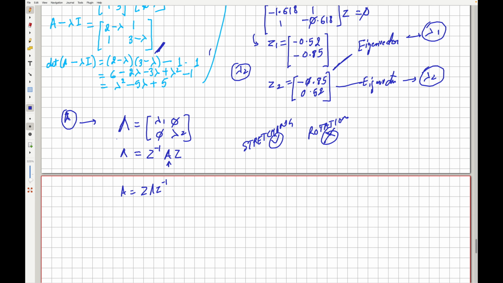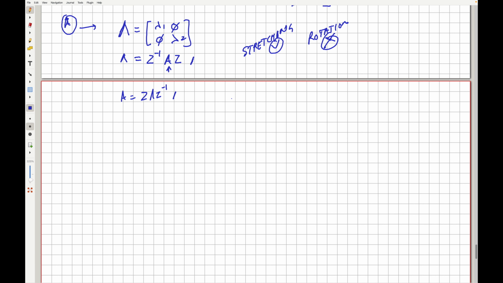And just really quickly, why these two are correct is, let's say we start with A is equal to Z lambda Z inverse. If we multiply both sides by Z inverse, what we get is Z inverse A is equal to lambda Z inverse, because that Z would get cancelled out.